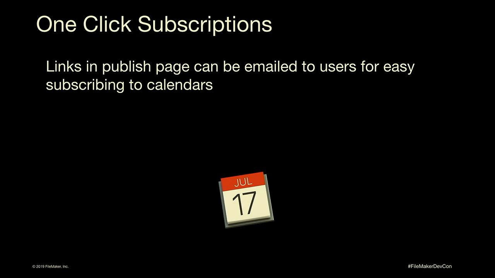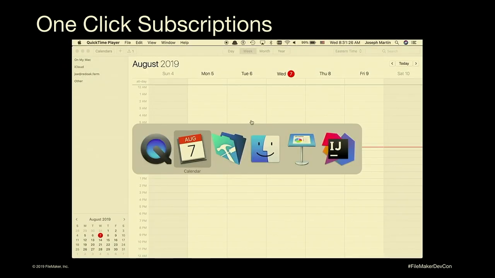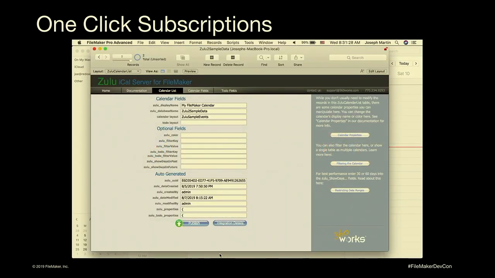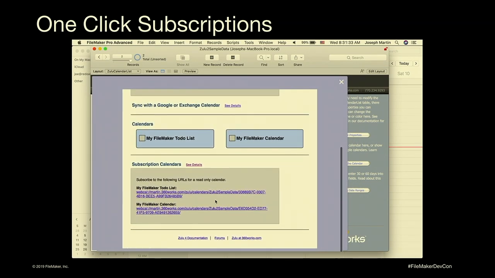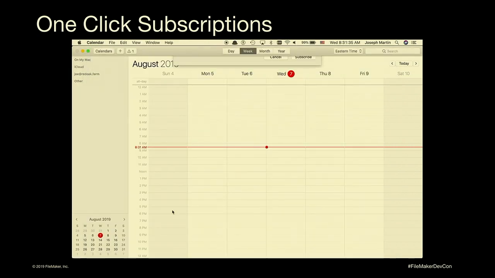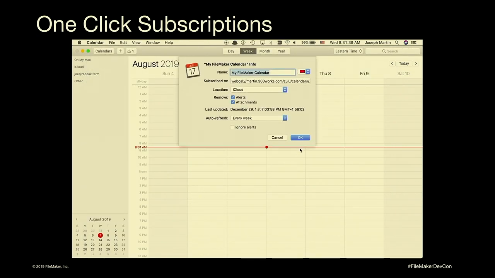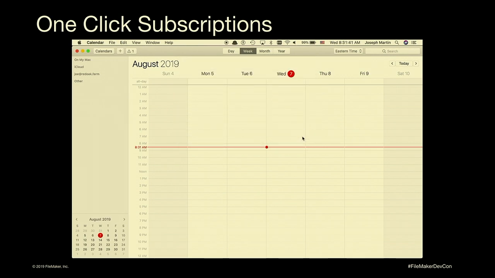So your users can subscribe to calendars with one click. If we look at our publish page and expand our subscription calendars, we get these URLs that when clicked will automatically open in Apple Calendar and add this calendar to your user's device.